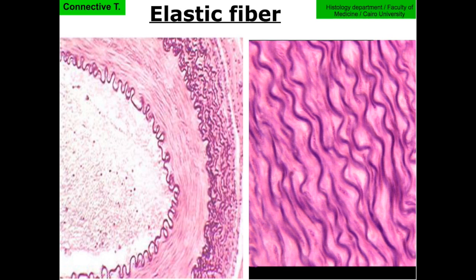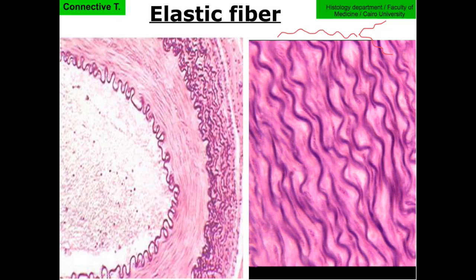As regards the light microscopic picture, they are single. They are not forming a bundle. They are single and very thin, and they are branching. In sections stained by hematoxylin and eosin, they appear pink in color. So, by pink coloration, you can see these elastic fibers.